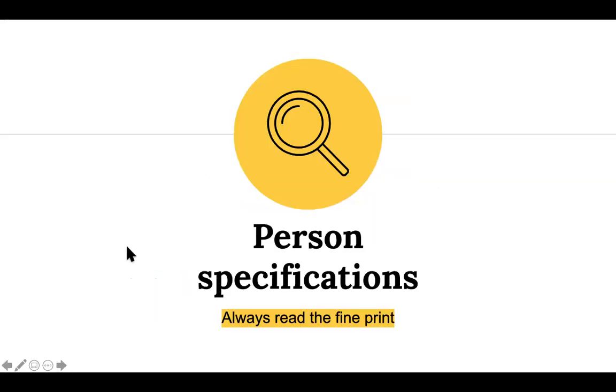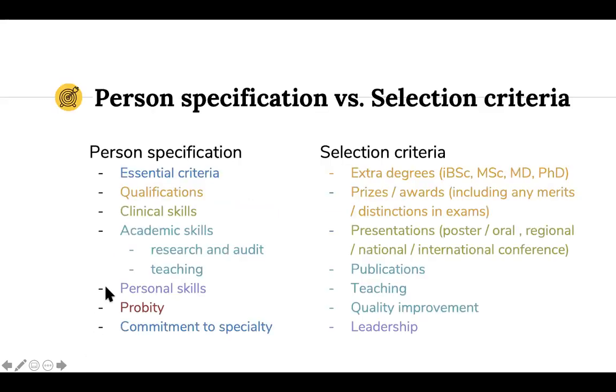In terms of person specifications, you always need to read the fine print. So you'll need to search the person specification depending on the specialty you want to pursue. You need to notice the difference between person specification and selection criteria.